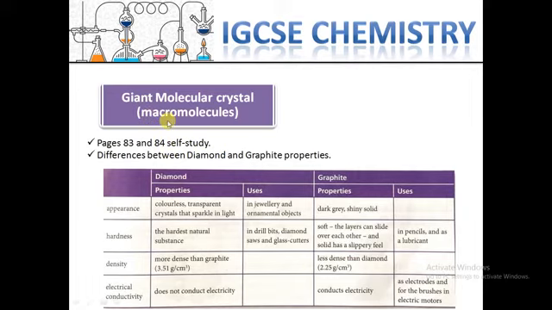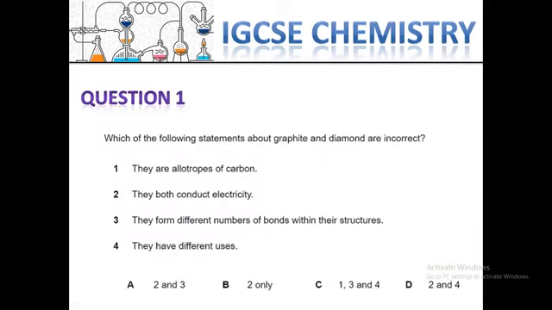We have a lot of macromolecules, but diamond and graphite are the most important examples. Don't forget to study and read carefully pages 83 and 84. These two pages are just text and you need to read them.